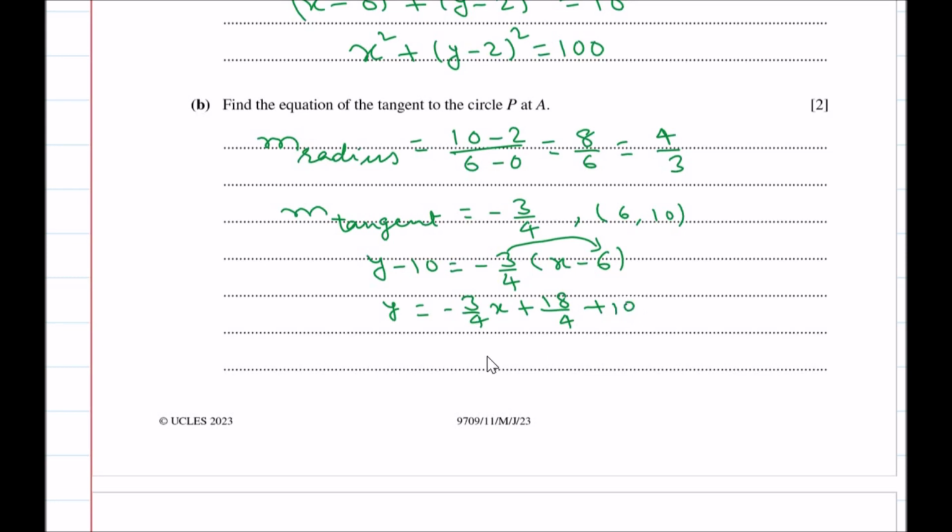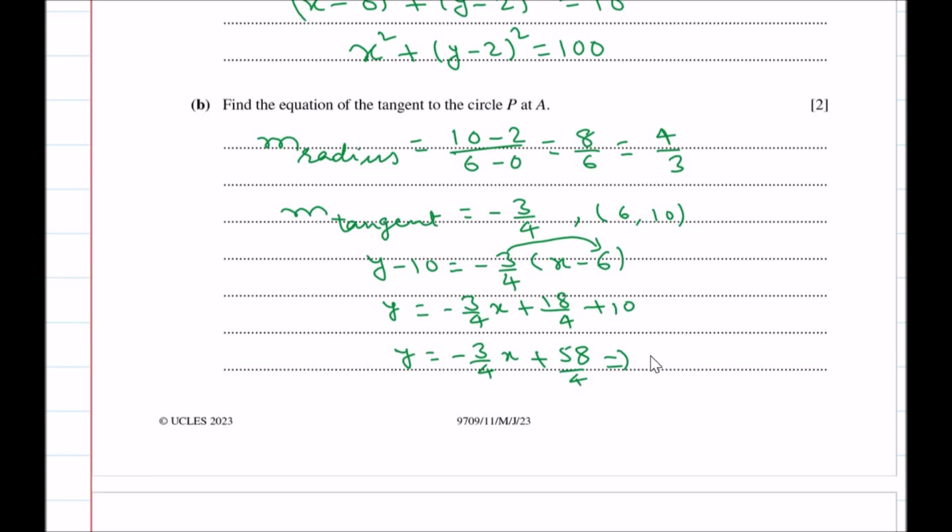Okay, so we get y equal to minus 3 by 4x plus, if you add this 18 by 4 plus 10, we get 58 by 4.